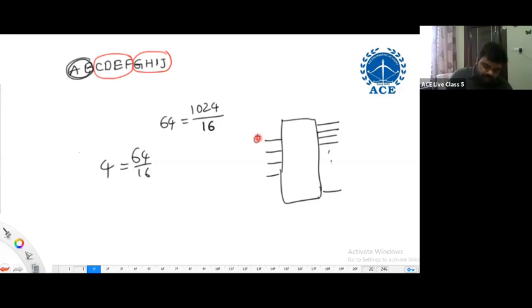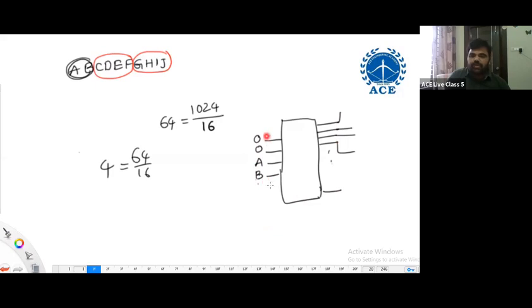Let me say the inputs are 0, 0, A, B. For AB 0, 0, this output is enabled. For AB 0, 1, this one. For AB 1, 0, this one. For AB 1, 1, this one. What I'm doing here is constructing a 2 to 4 decoder using a 4 to 16 decoder. This is one possibility. I can go with different possibilities also.